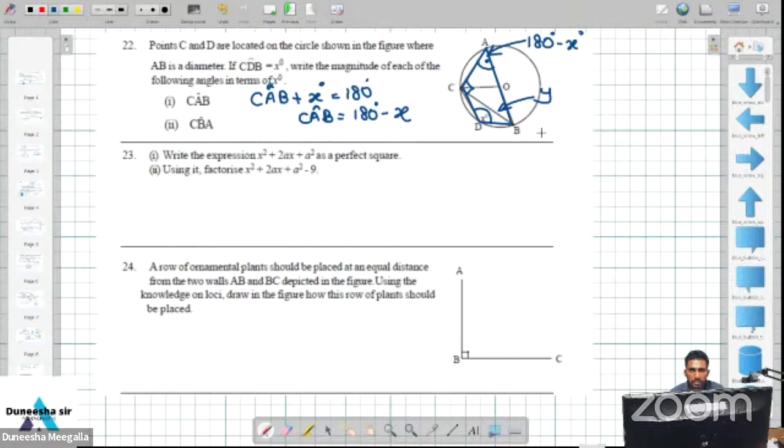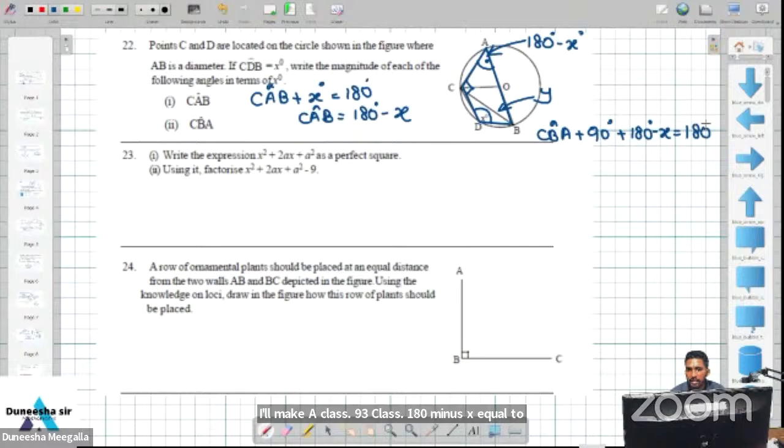මම මේක පැත්තකින් හදන්නම්. CBA plus 90 degree plus 180 minus x equal to 180. හරි. එතකොට මේකේ 180 දෙකක් මේ පැත්තේ තියෙනවා.